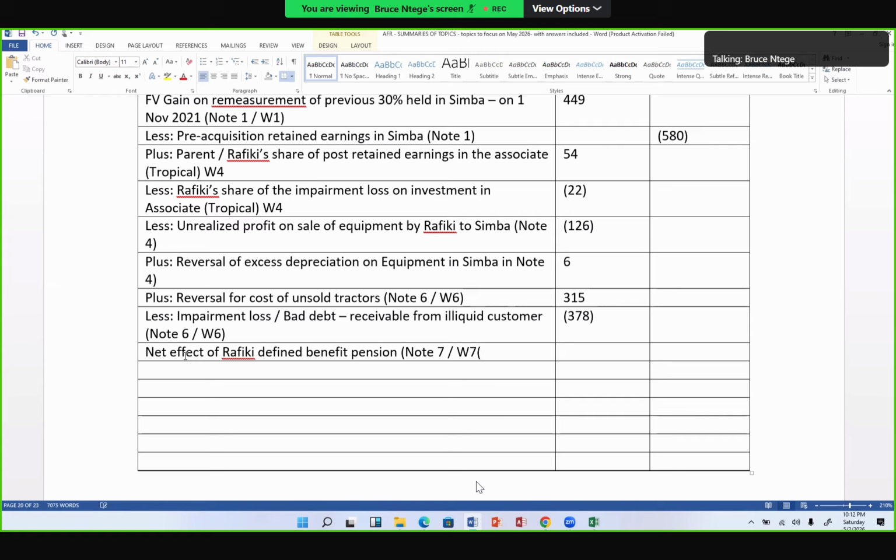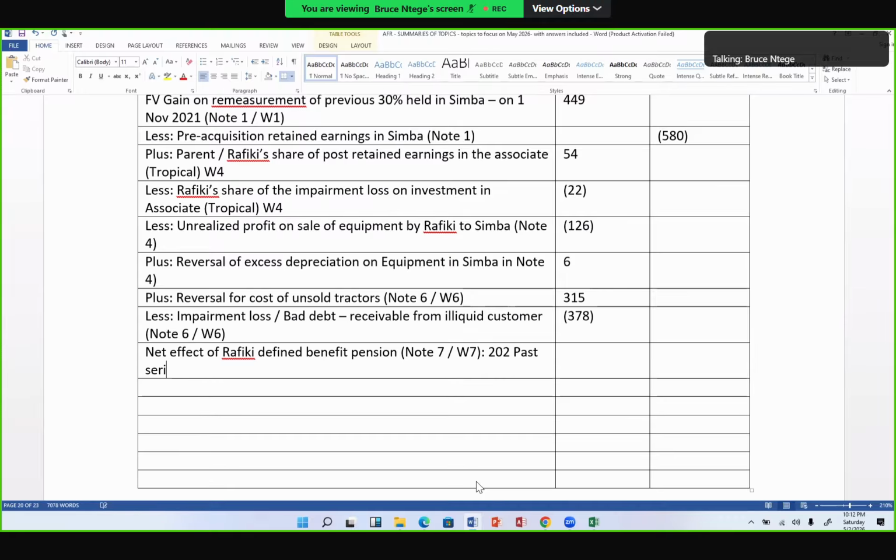The first thing I have there is a past service cost, which is 202.